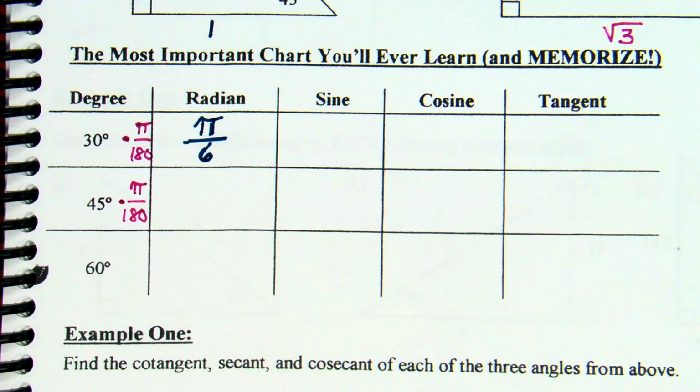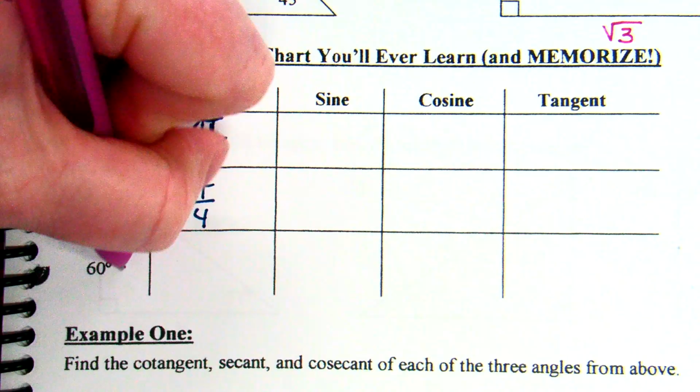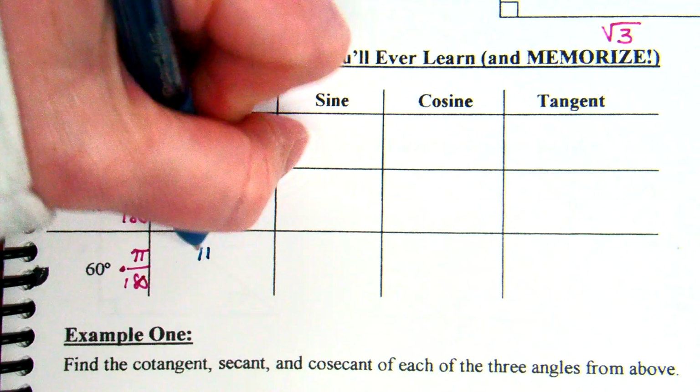Pi over 4. And how do we change 60? Multiply by pi over 180, and what is 60 times pi over 180? Pi over 3.